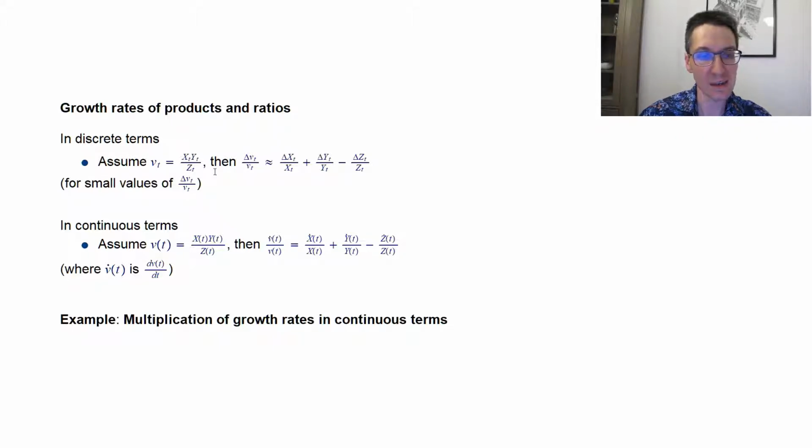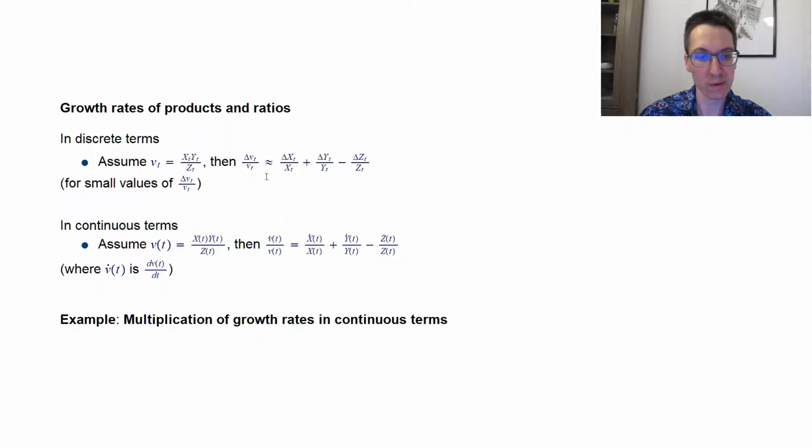Then in discrete terms, if I want to look at the growth rate of v, so delta v_t over v_t, it's going to be approximately equal to the growth rate of x plus the growth rate of y minus the growth rate of z. So that's what you have to remember. If it's multiplication, you add them up, and if it's division, you subtract. So it's pretty simple.